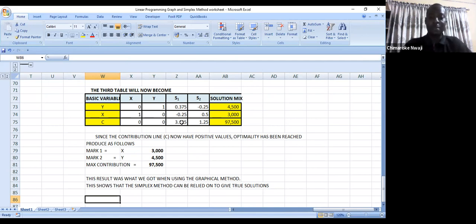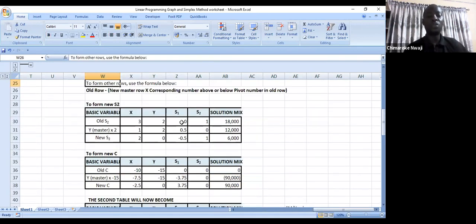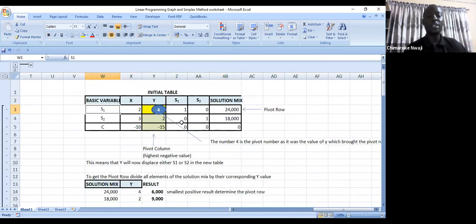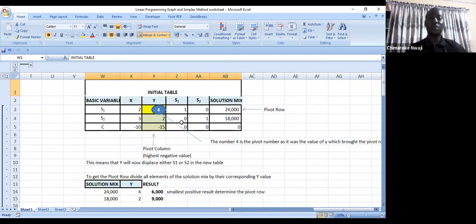In your exam, you might not be doing the whole work of the simplex method. All you might be asked to do is to formulate this initial table after you've formulated your standard form.